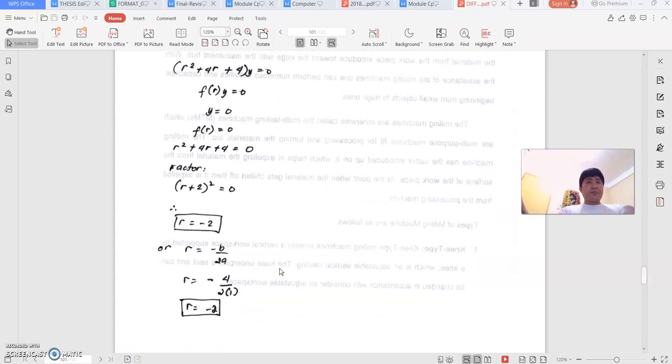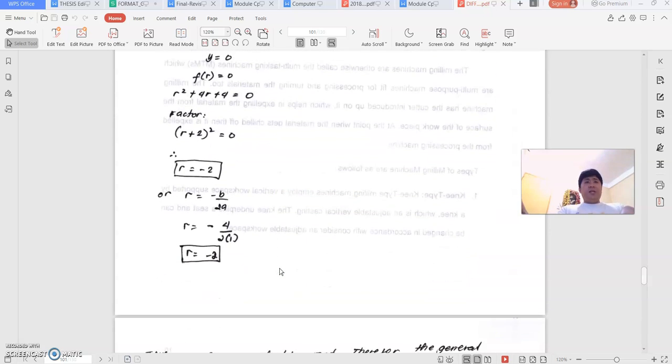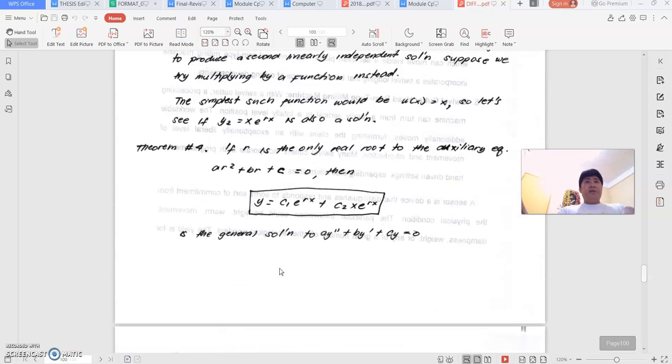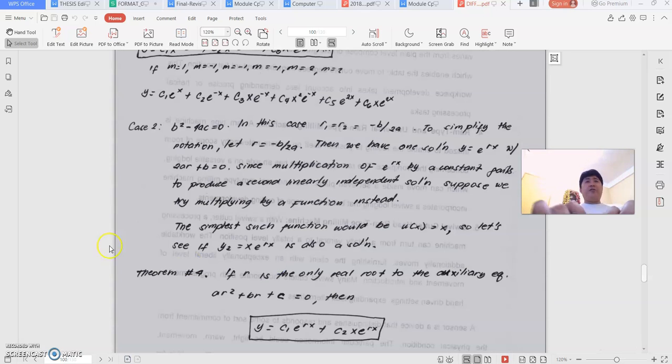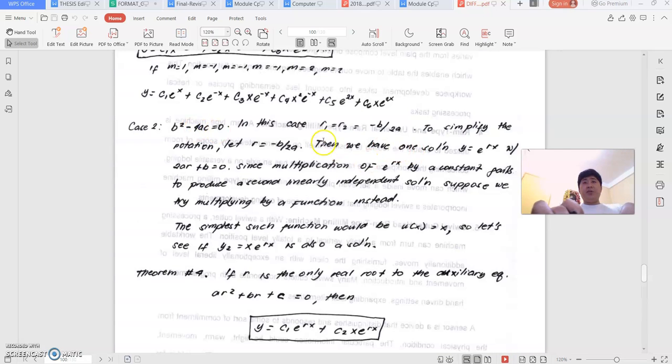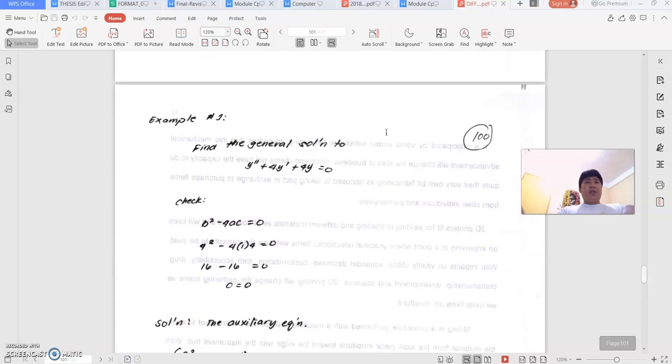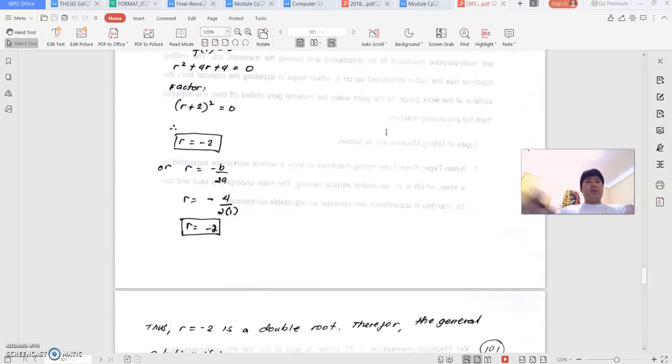So, or, di ba, the statement above, in order for you, if you identify the given equation is a repeated root, you could use this completing the square na formula. Negative b over 2a. So, negative b over 2a, you could also use it in this case, as long as the equation is linear, a, b, and c.